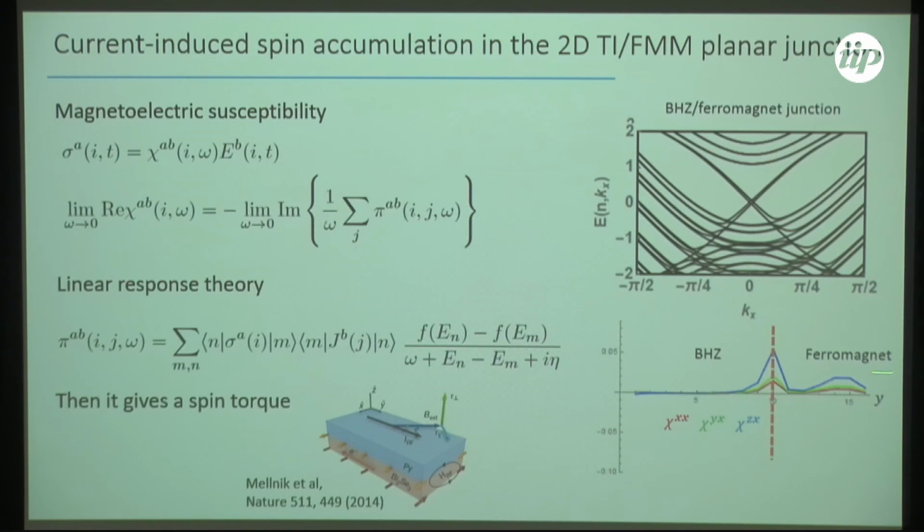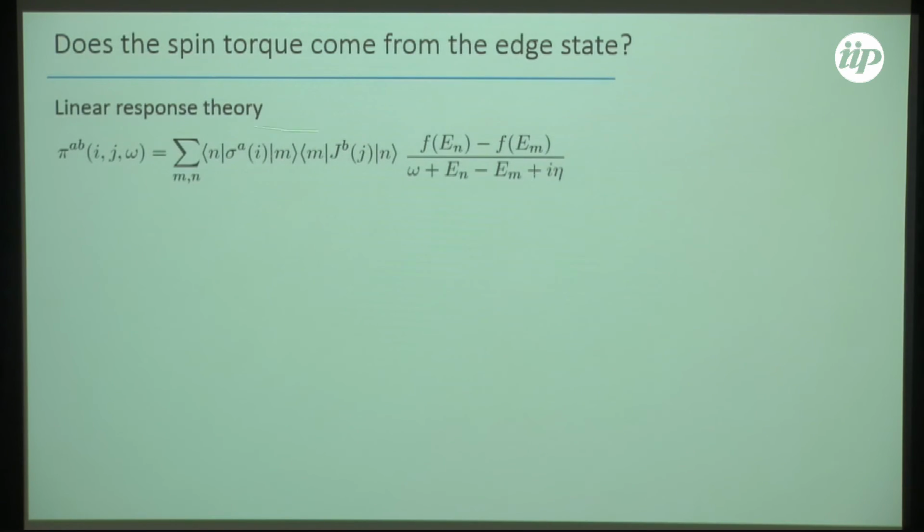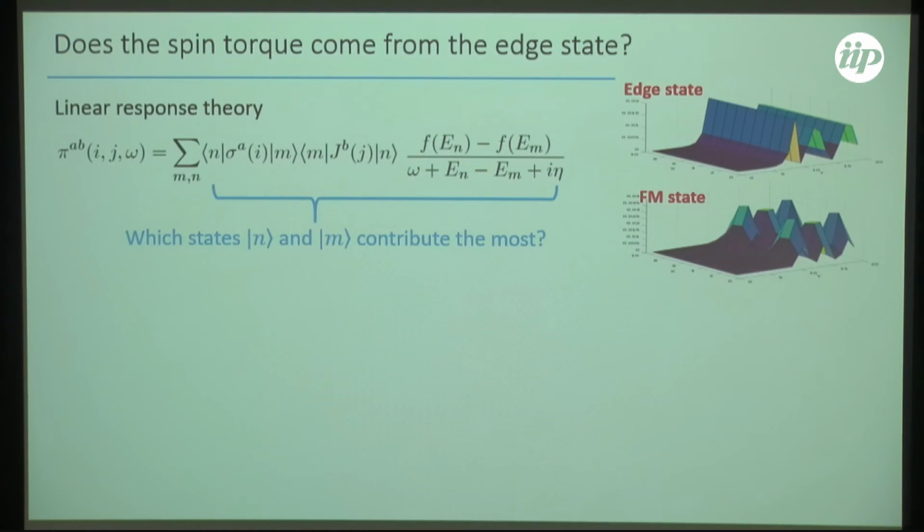Now, how do we know whether the edge state contributes more or the ferromagnetic state contributes more to this susceptibility? We just look at this response function. This is a summation over all the eigenstates in your spectrum, right? And then we just ask which eigenstates contribute the most to this response, and we look at the wave function of the state that contributes the most.